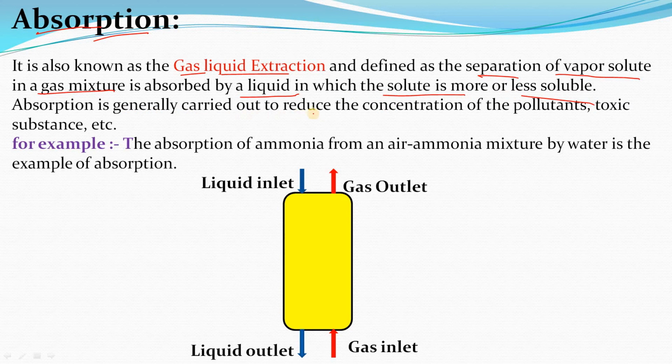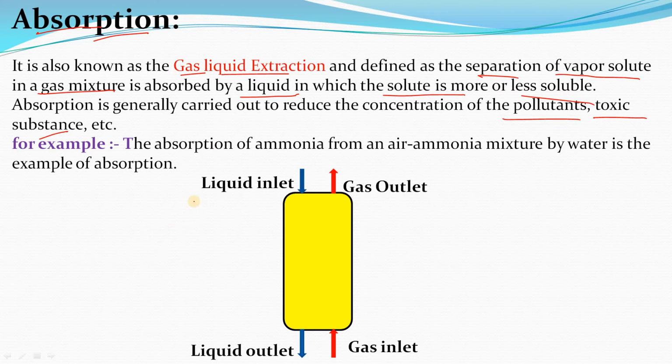Absorption is generally carried out to reduce the concentration of pollutants or toxic substances. We use absorption mainly in industries where the pollutants or gases are not beneficial for the environment, that is, very toxic. So we use an absorption tower to remove the pollutants.